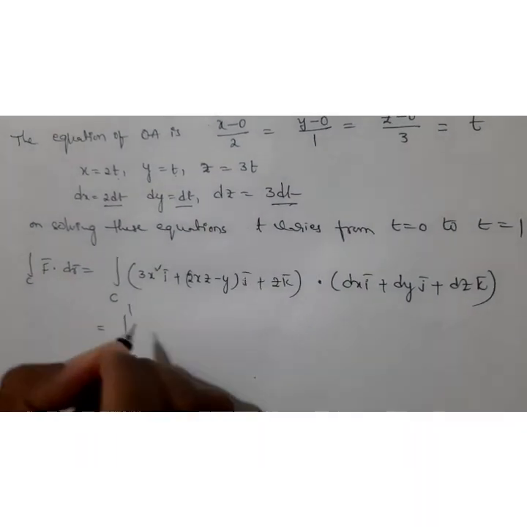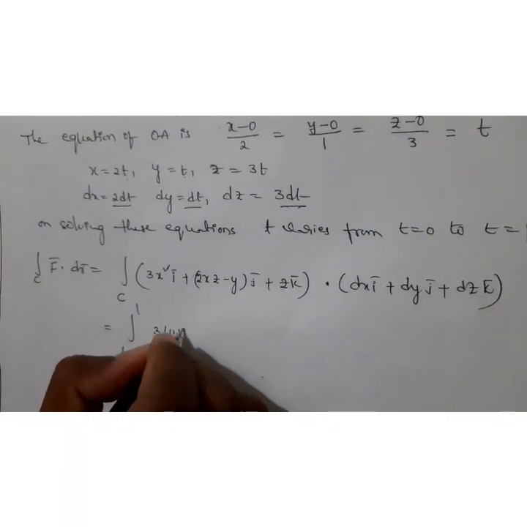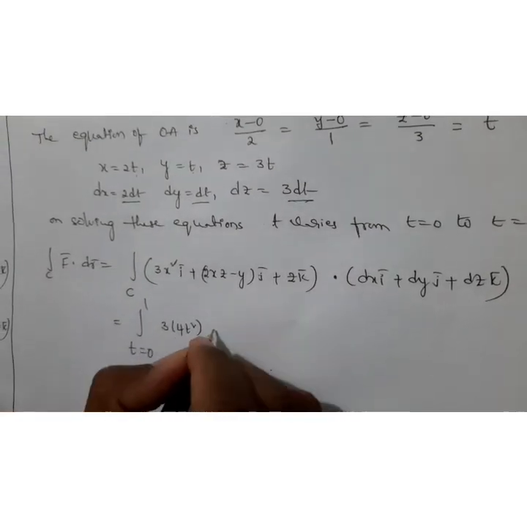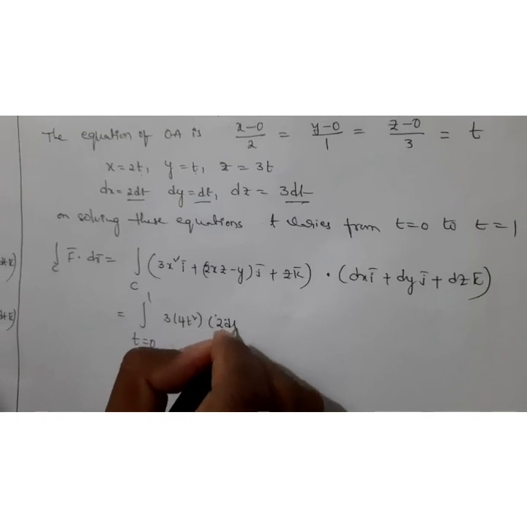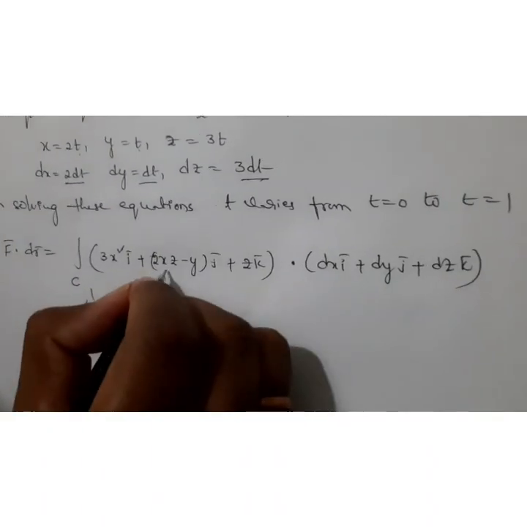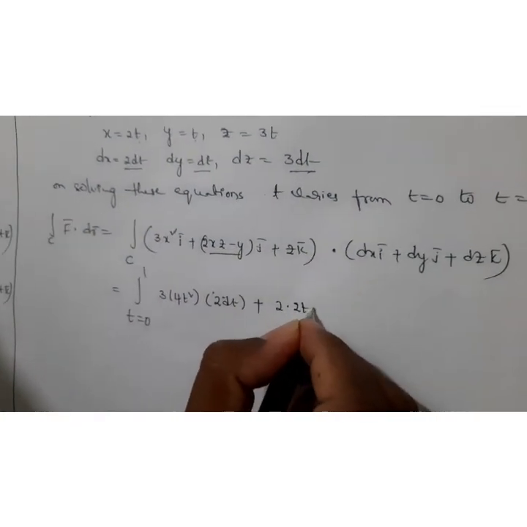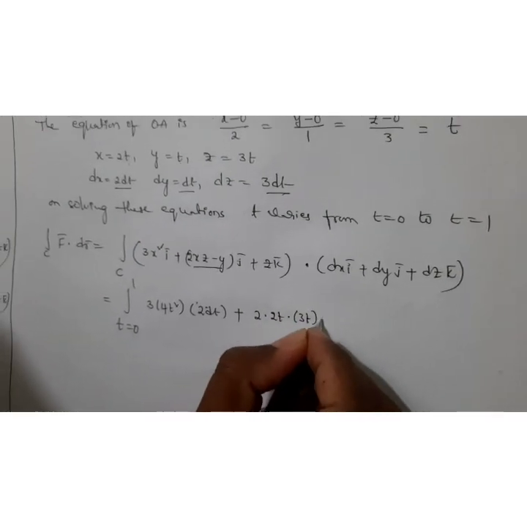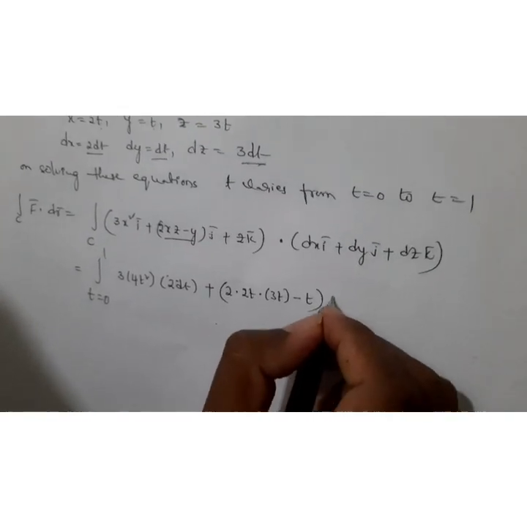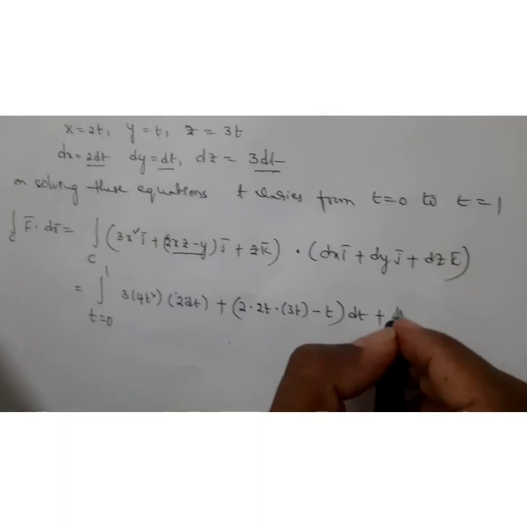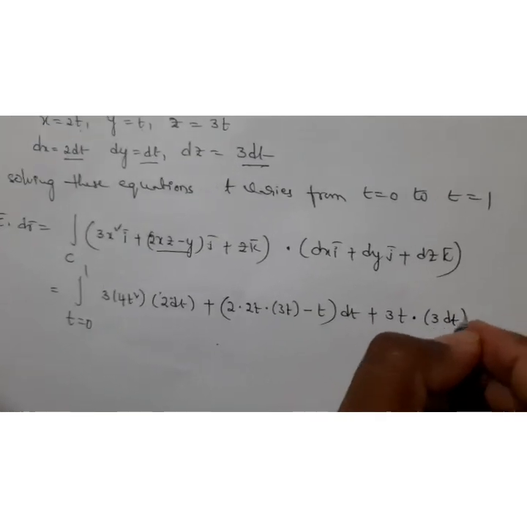For t equal to 0 to 1, 3 into x square, that is 4t square, into dx, which is 2 dt, plus (2xz minus y) into dy: 2 into x value 2t into z value 3t minus y value t, into dy value dt, plus z value 3t into dz value 3 dt.